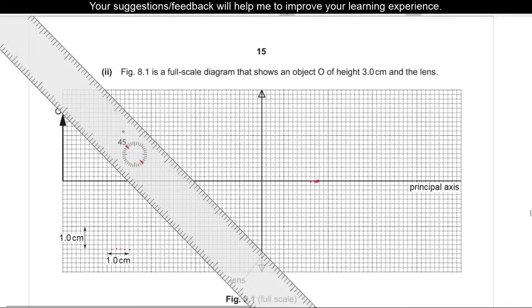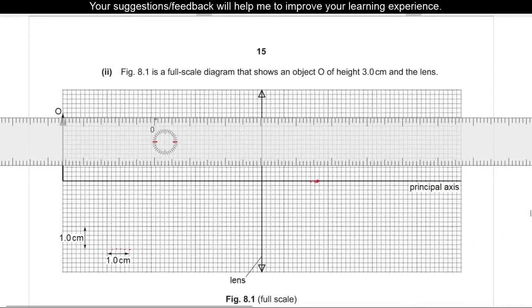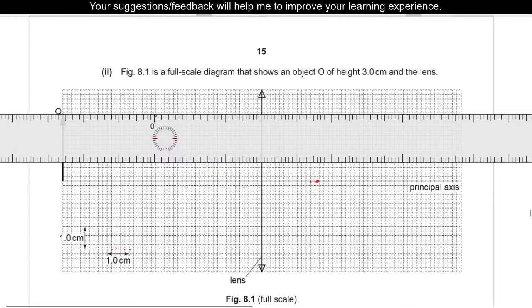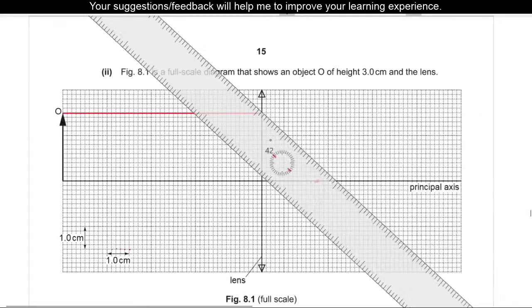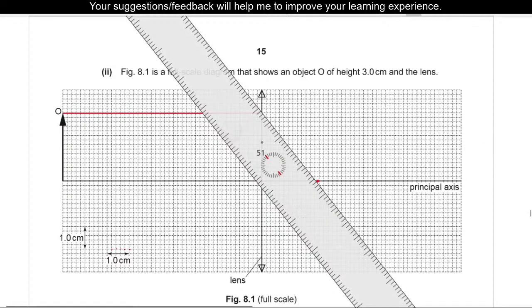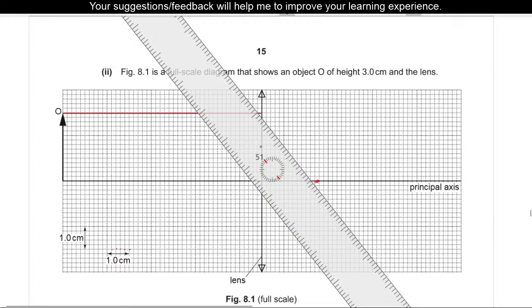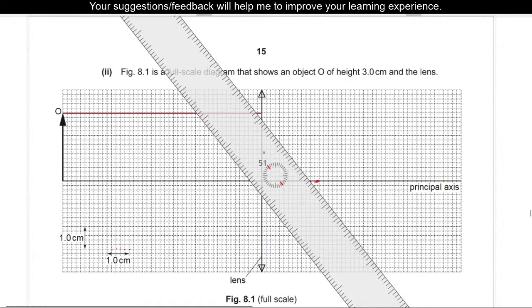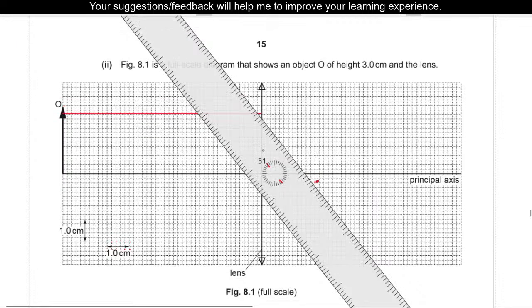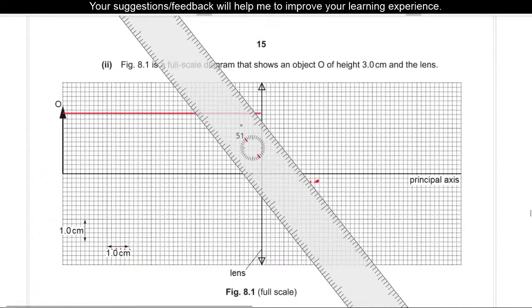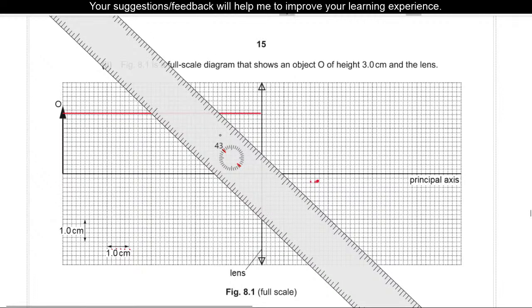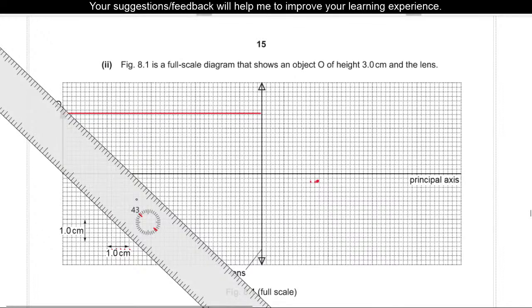So here is a ruler, and the first line we will draw will be from here to here, to the lens, and this ray will go from here to the focal point. 5 6 7 8 9 10 11 12. This will be the focal point.